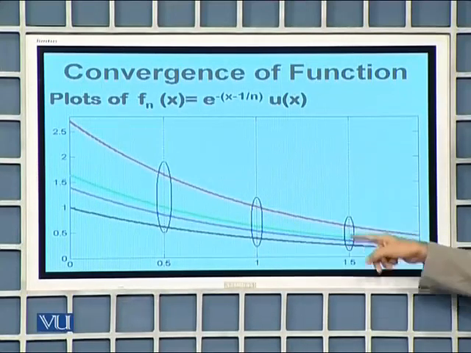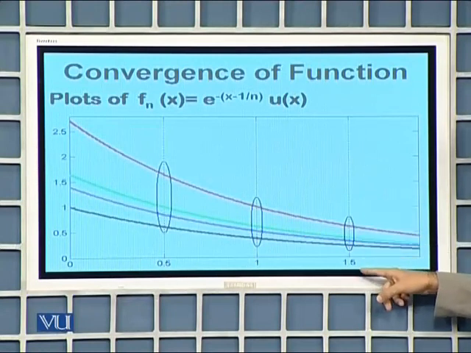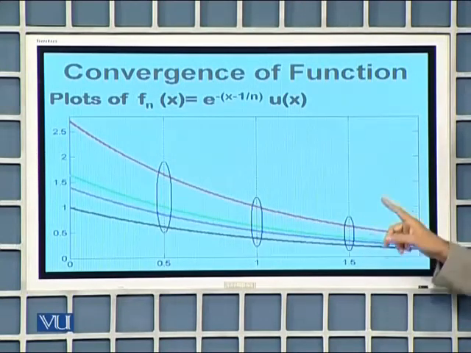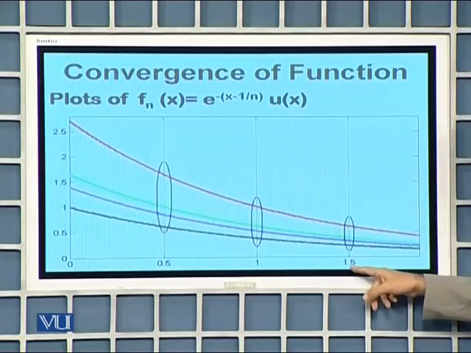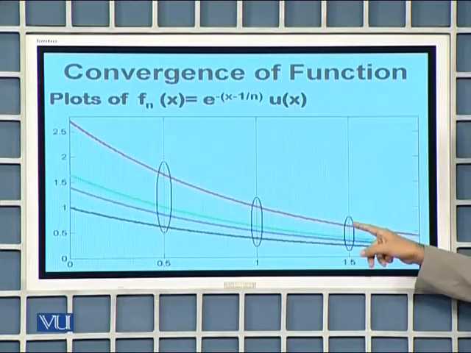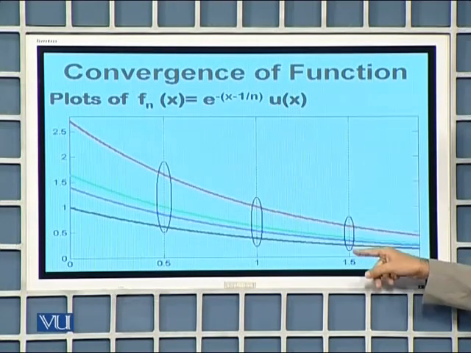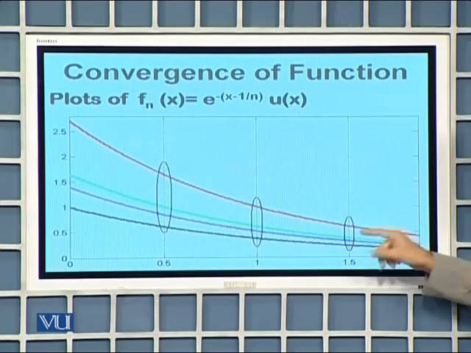And similarly, this third collection of numbers obtained by evaluating all these functions at x equal to 1.5 will also give you a sequence of numbers which start at this value and converge to this black value.